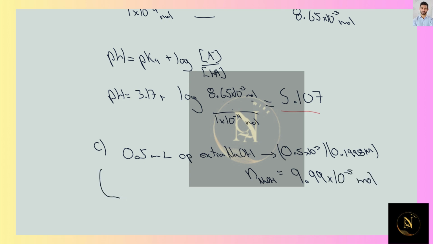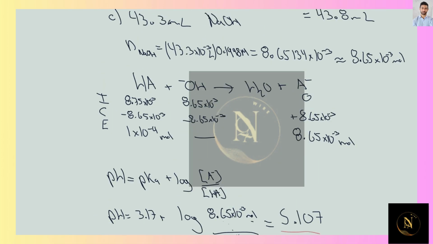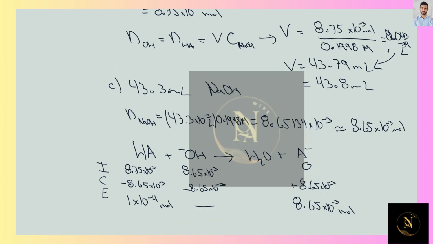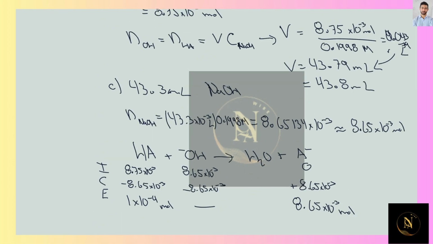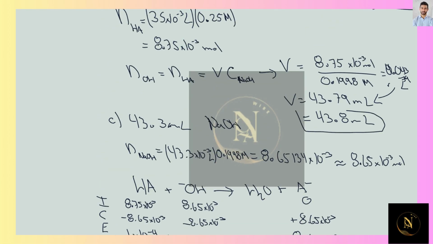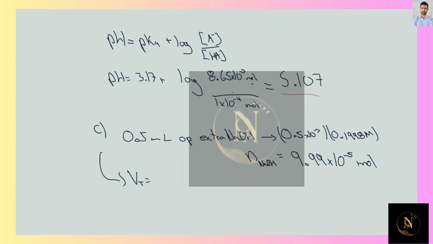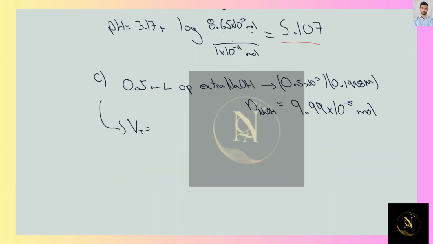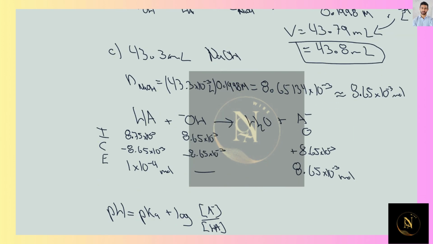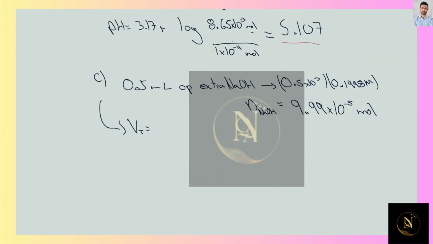Now, what is the volume at this point? To reach the equivalence point, we said that we require 43.8, right? So 0.5 after, it is going to be 44.3 milliliters that we have added of NaOH plus the initial volume of my solution, which is 35 milliliters.